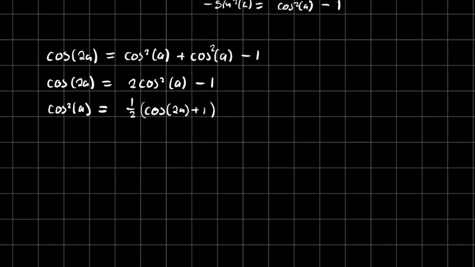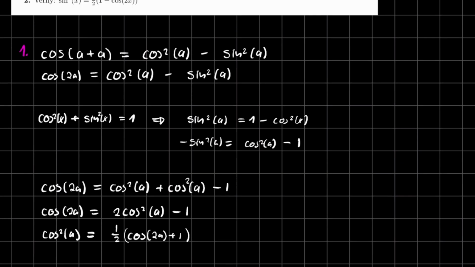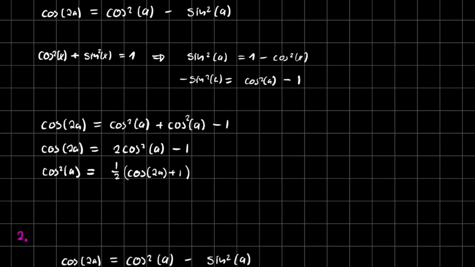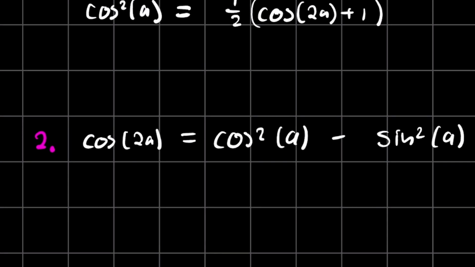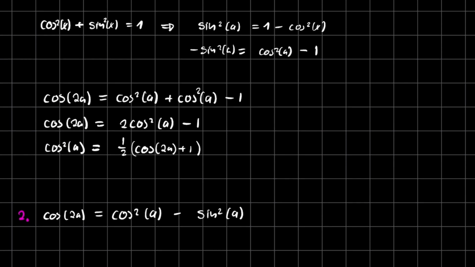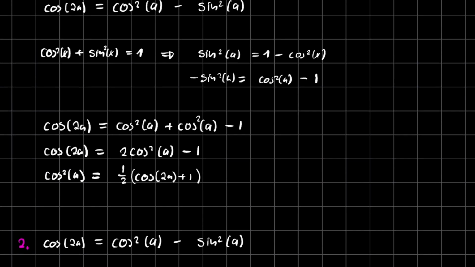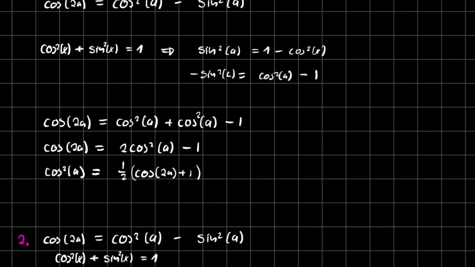Now we can do the next exercise, which starts quite similarly. Just take this identity, duplicate it, put it down. Now instead of solving for sine, we solve for cosine this time. So we take our identity here, duplicate it, move it down.